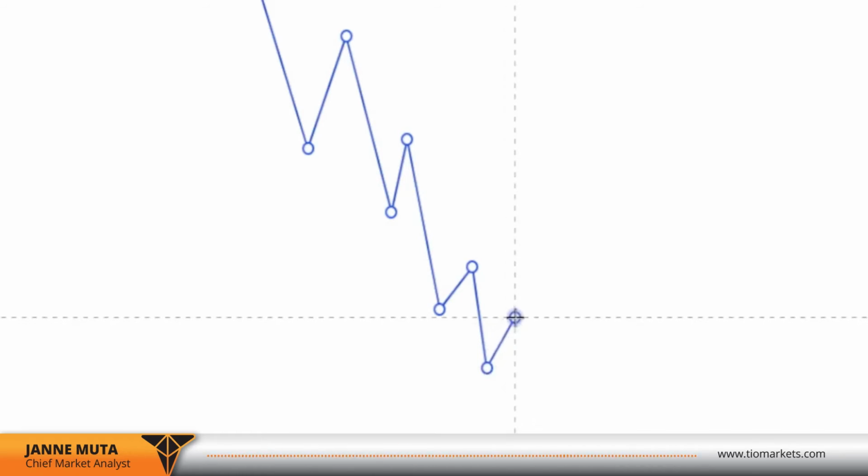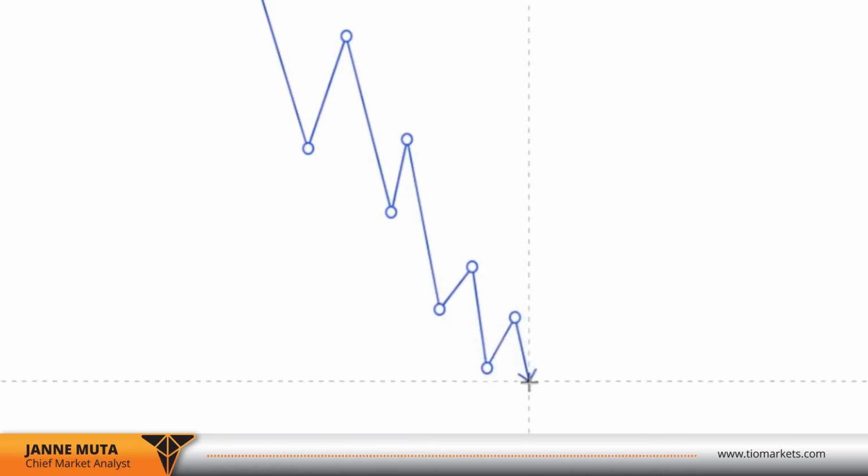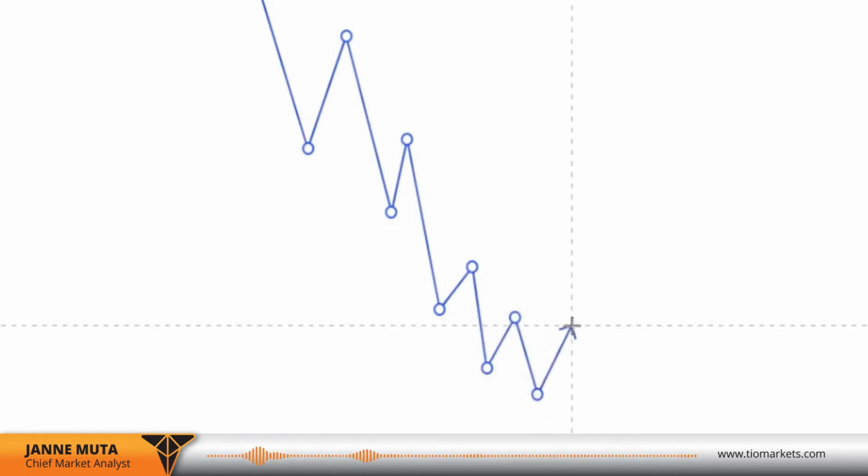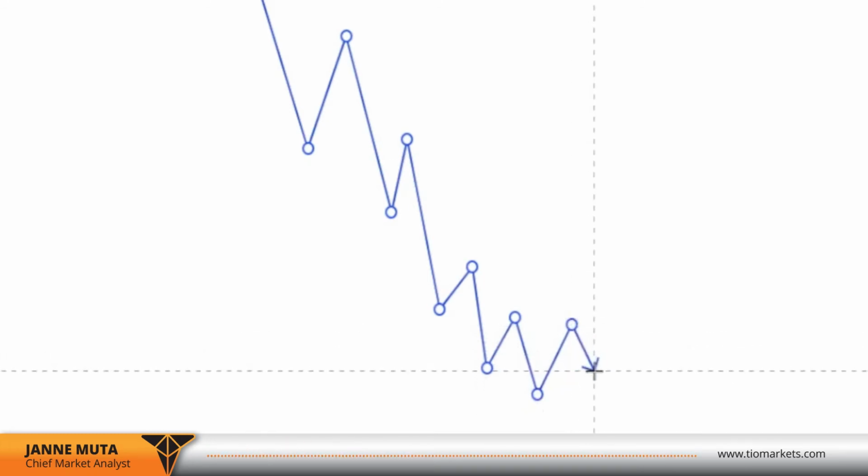The directional moves to the downside, they aren't as strong as they used to be. And this is where we have to start thinking maybe the trend is about to actually reverse. We at least have to kind of entertain the possibility.